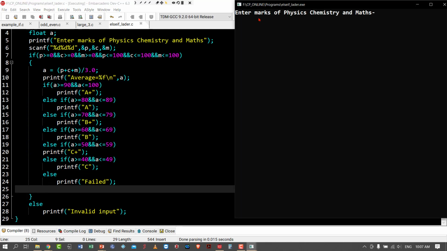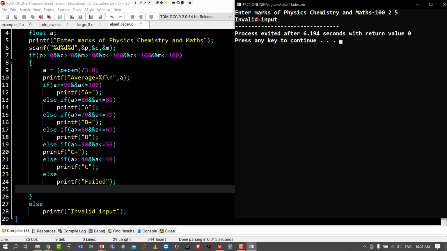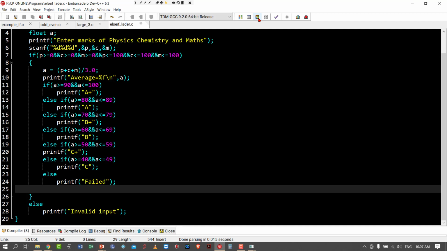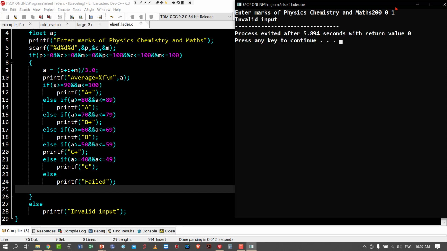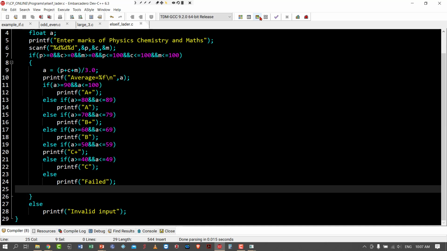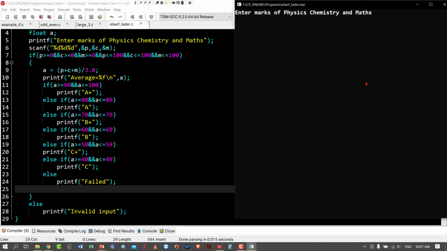Okay, let me check. First I will give a negative value, minus 100, some 2, some 5, only for testing purposes. Invalid input. Then I am giving some larger values, 200, 0, 1. Invalid input. So both the conditions are checked. Then I will give 20, 20 and 10.